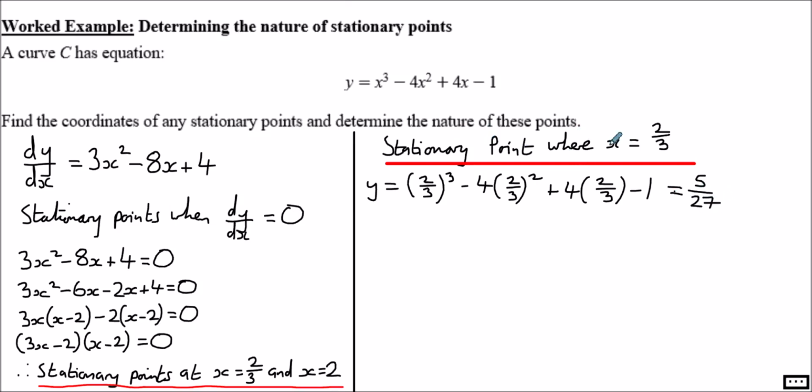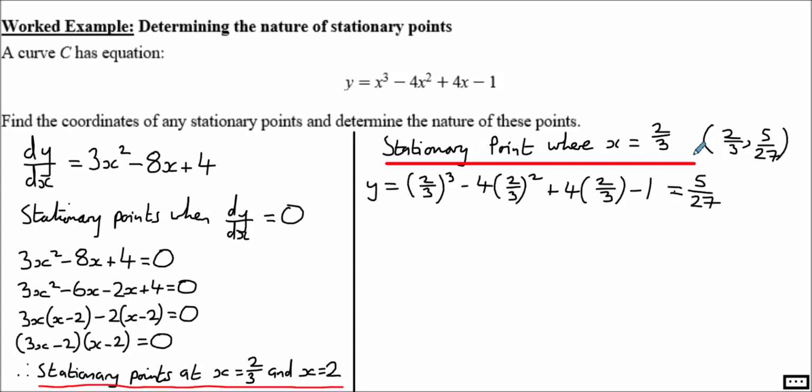So where x is 2/3, that's a coordinate 2/3 and 5/27, just to make sure we're answering the question. So what we can do here is take 2 points very close either side of where x is 2/3.